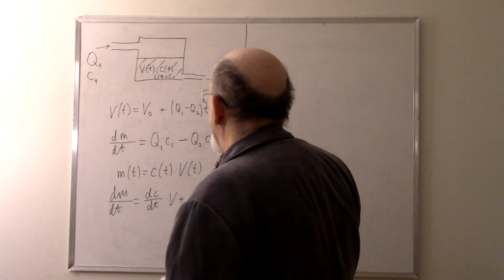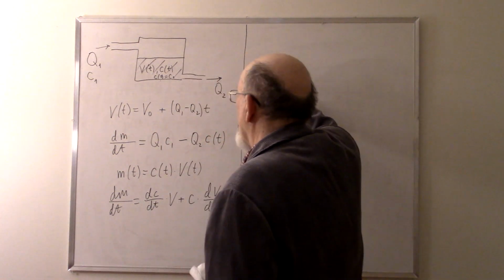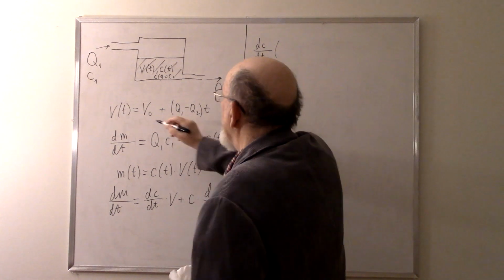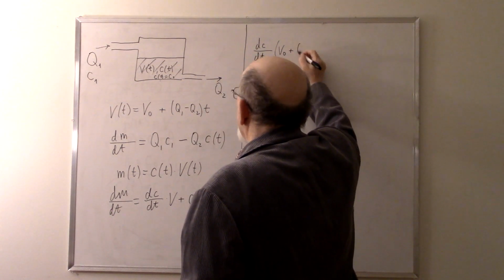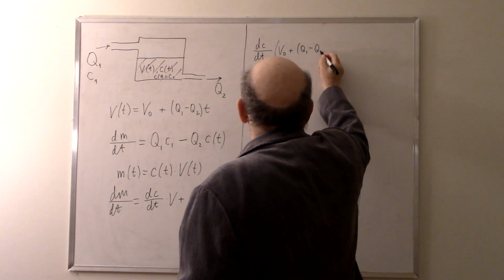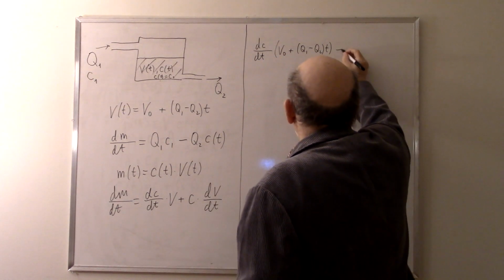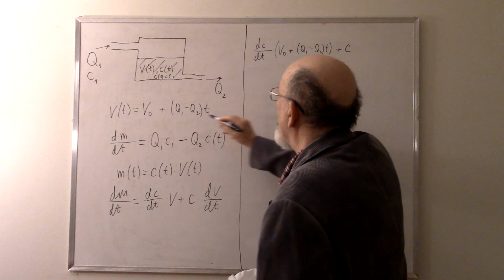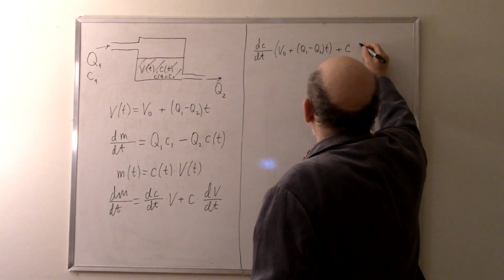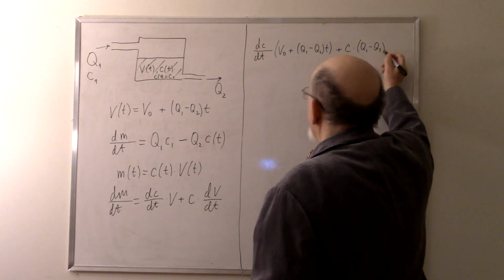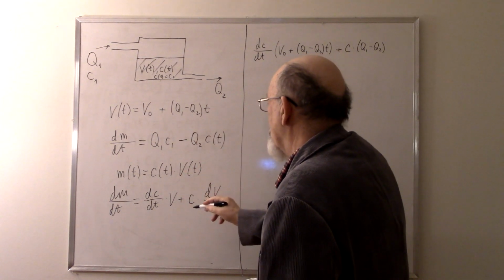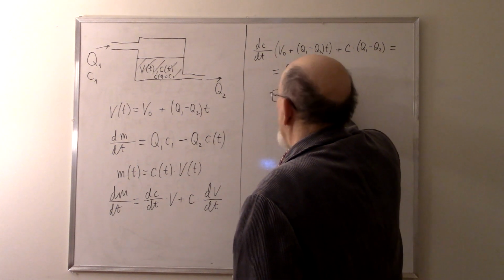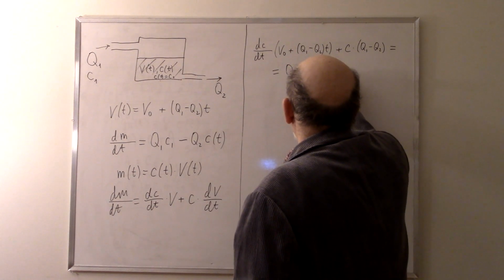Okay, and now let us substitute here. dC/dt times V, where V is V0 plus (Q1 minus Q2)t, plus C dV/dt, and dV/dt equals Q1 minus Q2, equals Q1 C1 minus Q2 C.